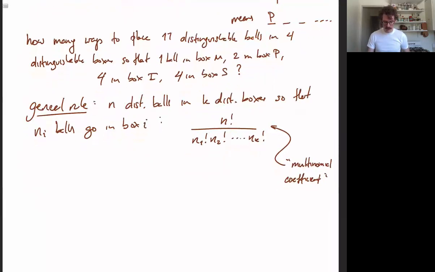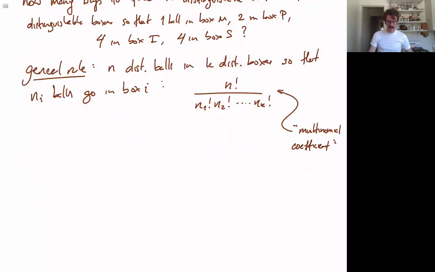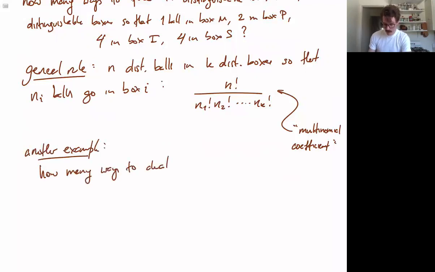So another quick example of distinguishable balls in distinguishable boxes. How many ways to deal a hand of 5 cards to each of 4 players from a 52 card deck.